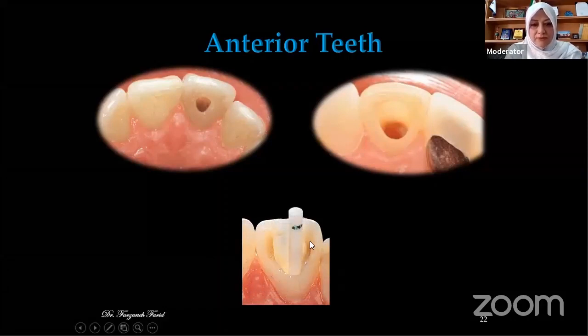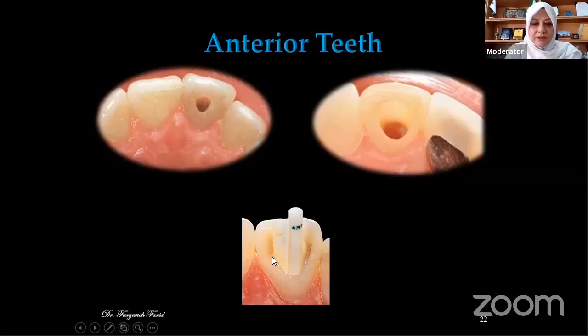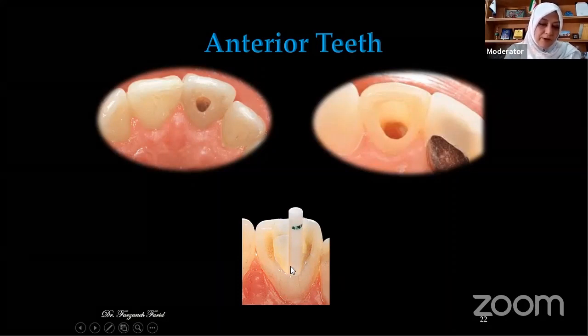You may hear that you can put a post and put direct restorative materials around the post at the coronal side. However, imagine that you have put composite here and then you want to shape the palatal side of the tooth. Most of the fiber post will be reduced and become very thin.